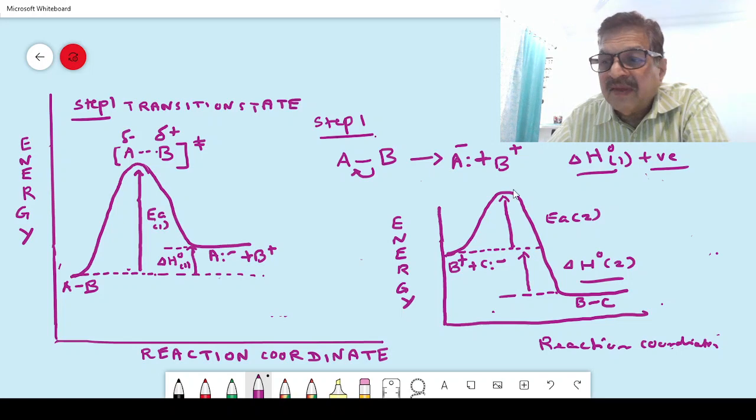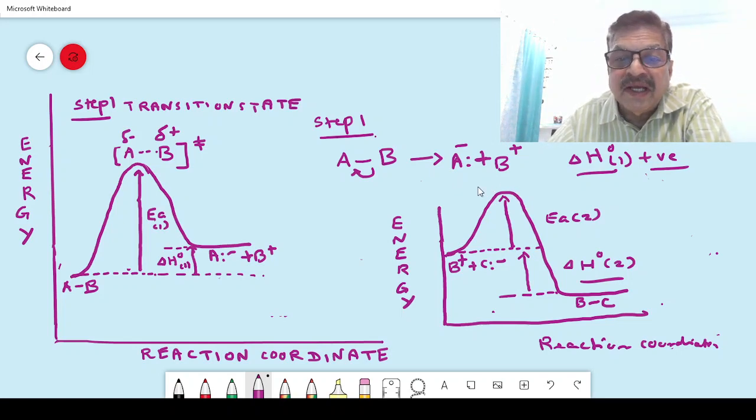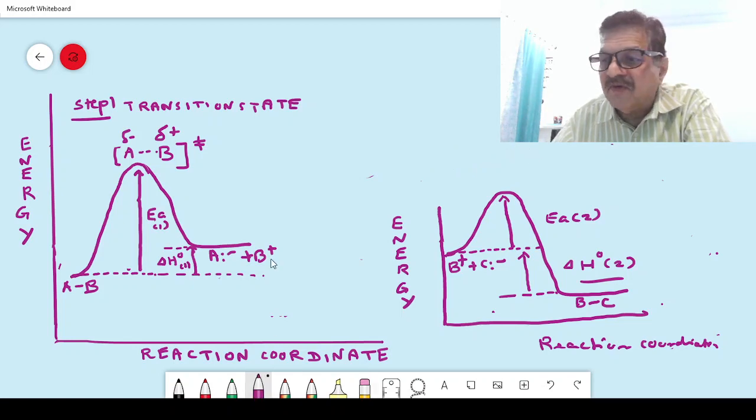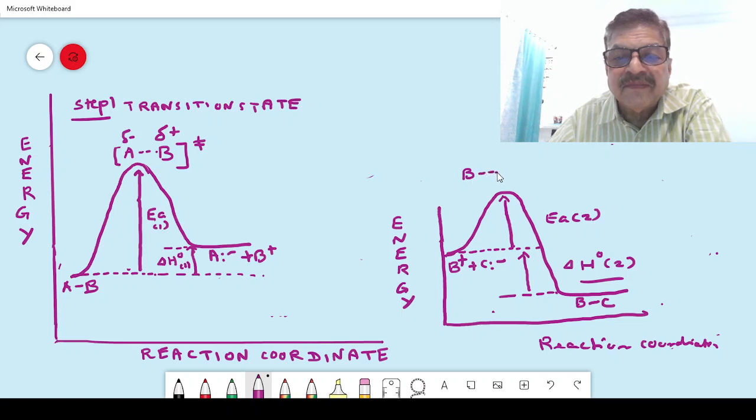This is step 2. How will the transition state look? For step 2, the transition state is where the BC bond is partially formed. So this will be delta plus, delta minus.